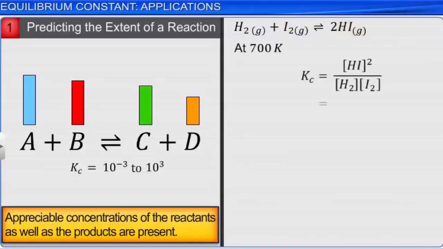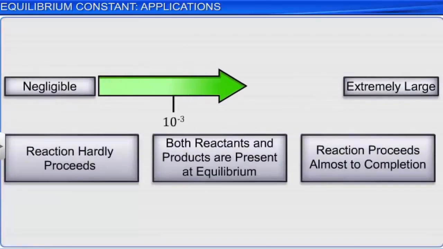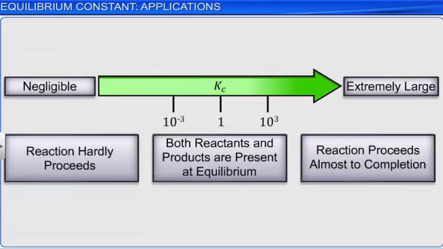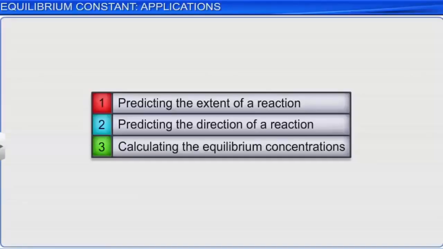The dependence of the extent of a reaction on its equilibrium constant can be illustrated as shown here. Let us now look how equilibrium constant helps in predicting the direction of a reaction.